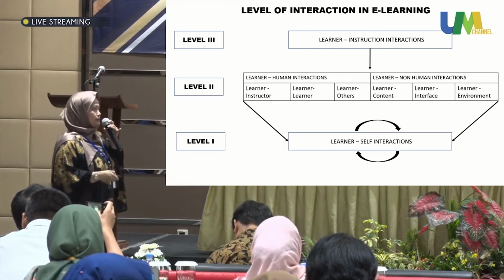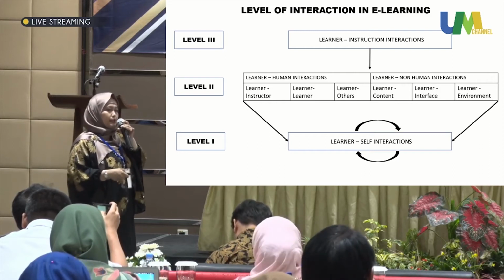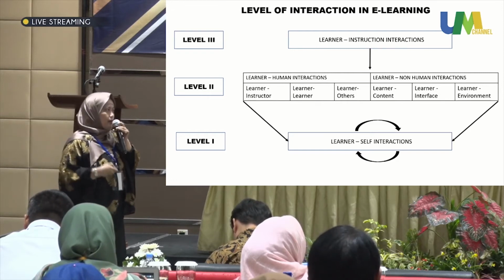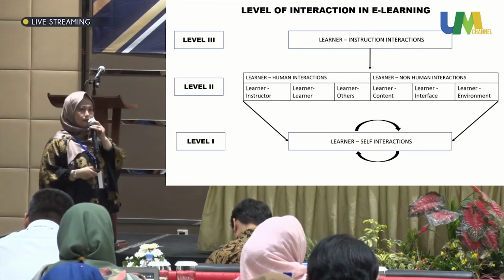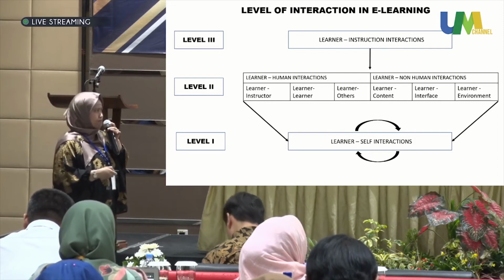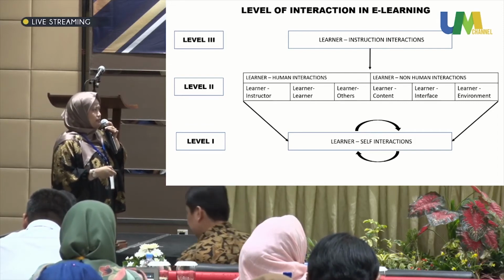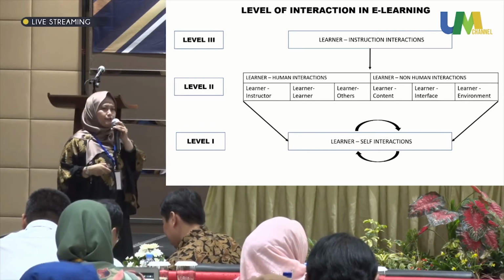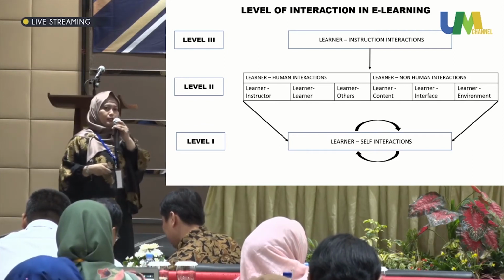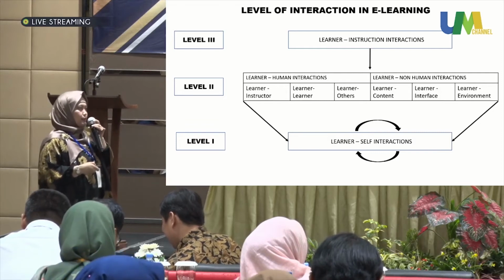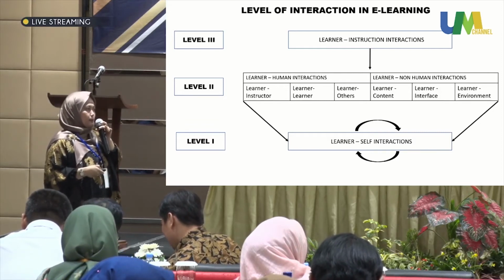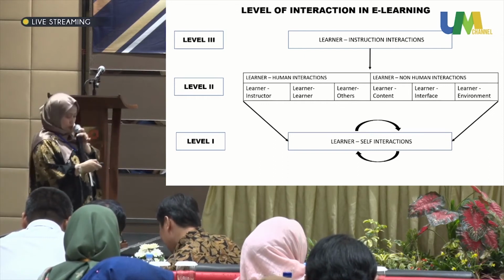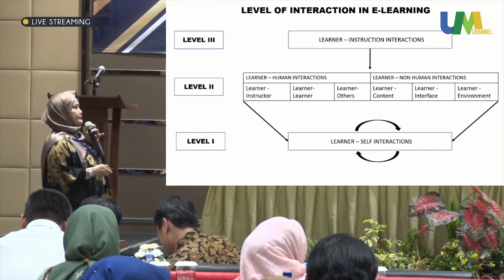So by knowing these levels of interaction in e-learning, we can develop a good learning analytic, because without knowing them, we cannot map what the activities of the students are and what they will be doing during the learning process in the online learning environment.